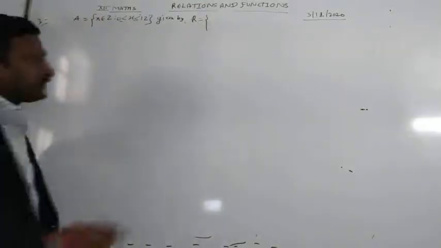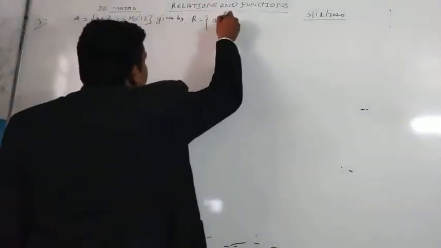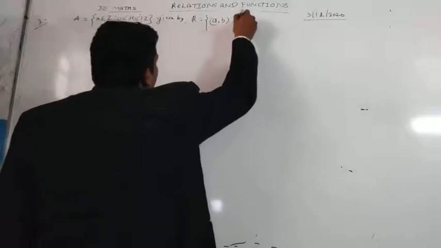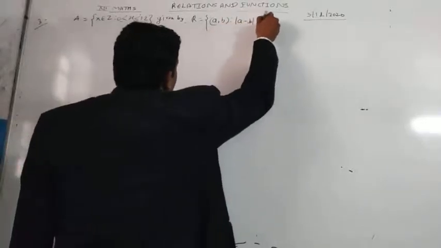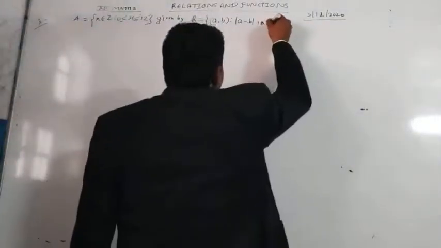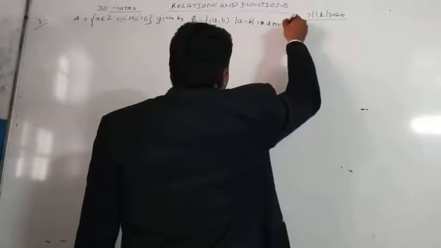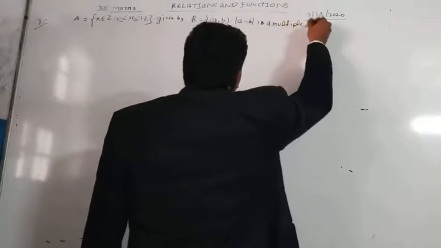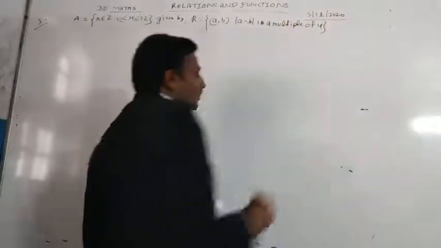(a, b) such that a minus b is a multiple of 4. It is an equivalence relation.